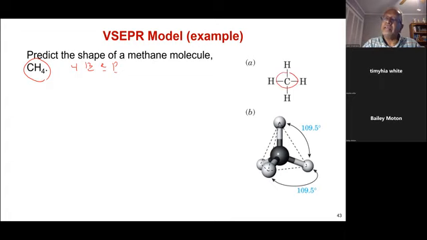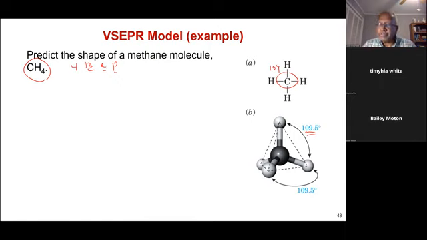This angle is 109 degrees between each carbon-hydrogen bond, 109. So this is a tetrahedral shape for the methane molecule.